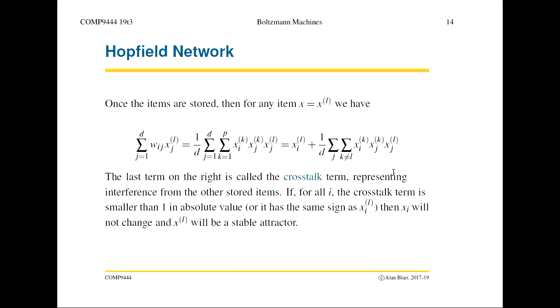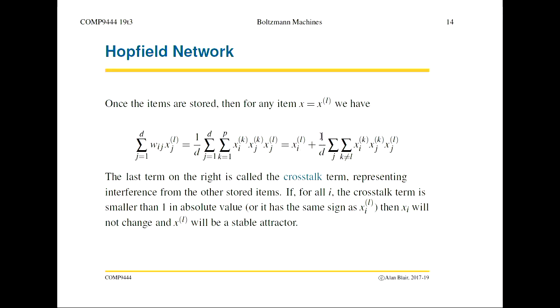But if the absolute value of that term is less than 1, then it won't affect the sign, right? So if this is +1 and the absolute value of this is less than 1, then the combination has to be positive. And similarly, if this is -1 and that's less than 1 in absolute value, then the combination has to be negative.